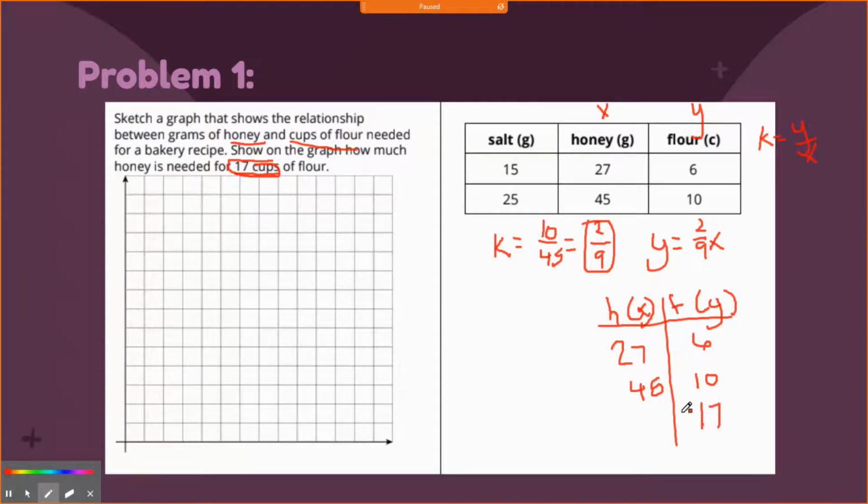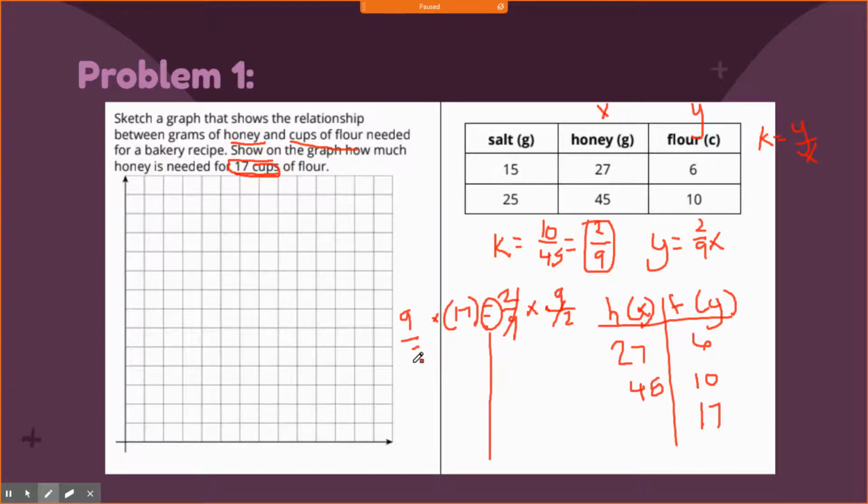Okay, so now I'm going to plug in 17 for y. So 17 goes here, equals 2 over 9x. The center of my equation is the equal sign. I have to get x by itself, so I have to get rid of the 2 over 9. Since 2 is multiplying by x, I need to divide by 2, and since 9 is dividing x, I need to multiply by 9, or multiply by the reciprocal, 9 over 2. Anything I do to one side, I have to do to the other.